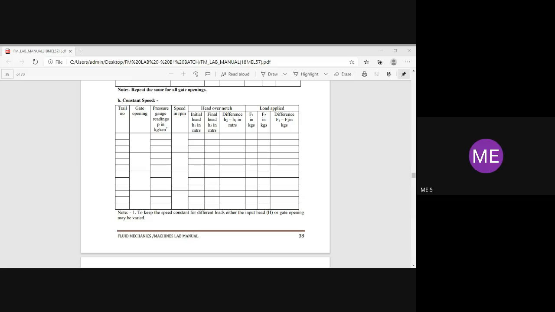Still doing, sir. Tell me the answer after completion. Purushottam Reddy. Present, sir. How are you? Fine, sir. Attending all the classes regularly? Yes, sir. How many lab experiments have you finished? Purushottam Reddy.